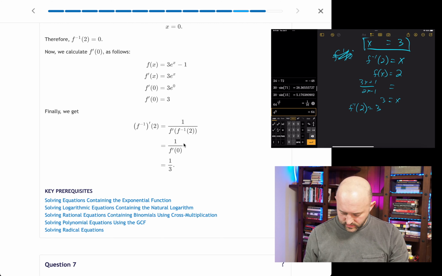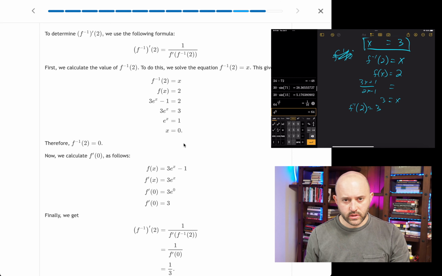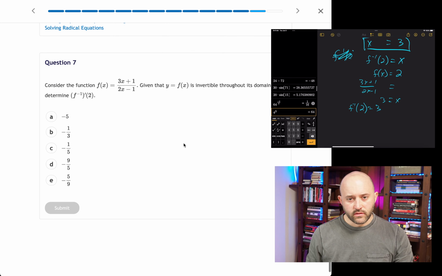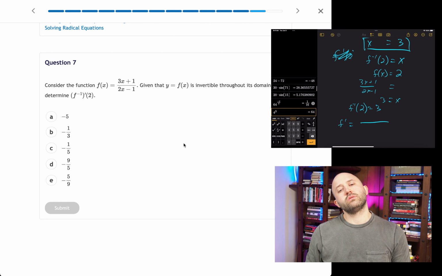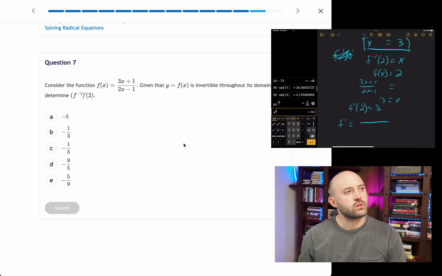By just doing the derivative. Okay, so let's just do that. We have it at that exact point. So f of x equals this. f prime is, derivative rule, let's do this one.